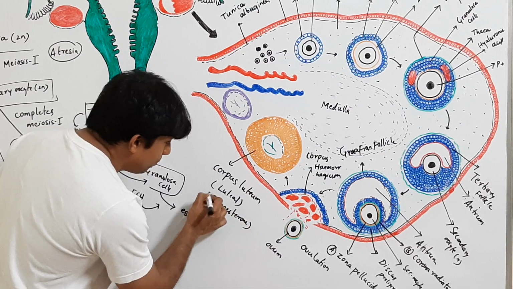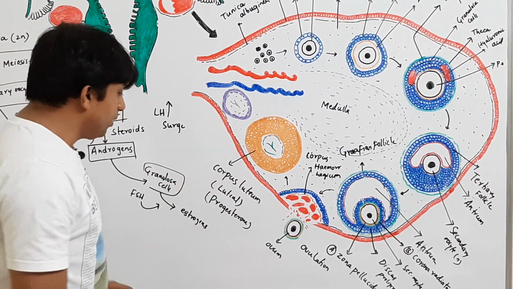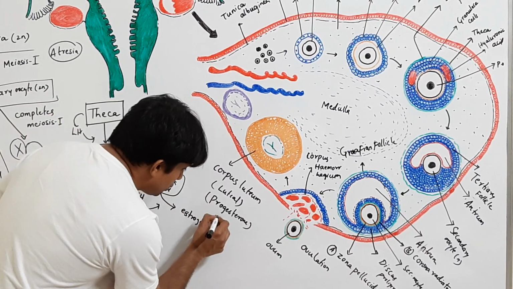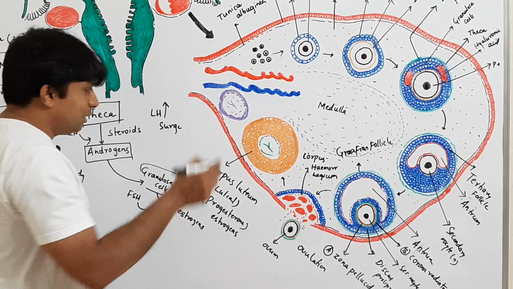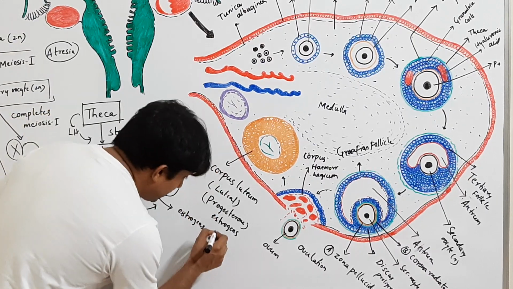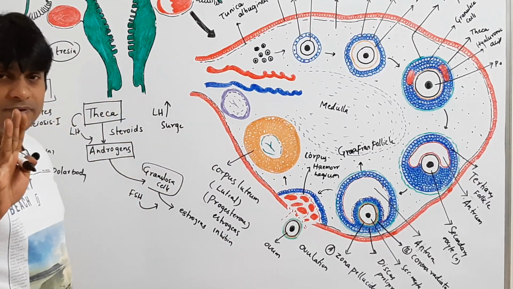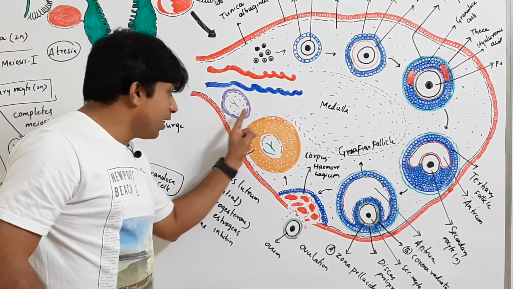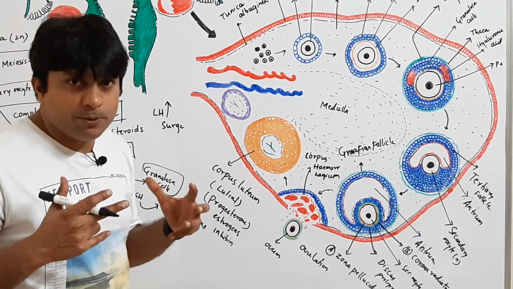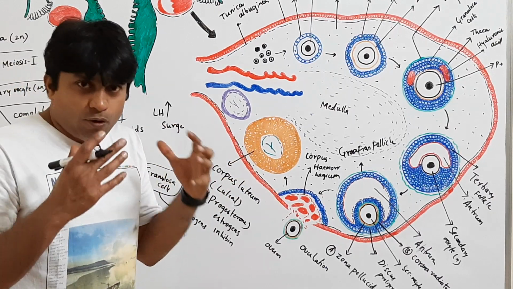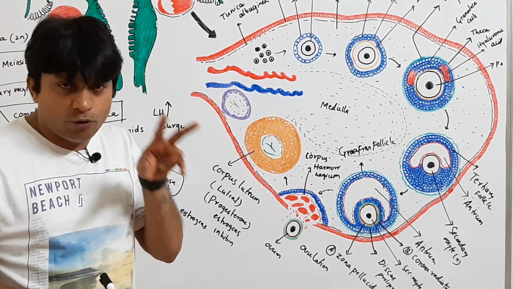Not only progesterone, corpus luteum also secretes estrogens, and also secretes inhibin, remember. Fine. Now when you talk about corpus luteum, what is the fate of the corpus luteum? The fate of the corpus luteum is in two ways, which we will be studying.